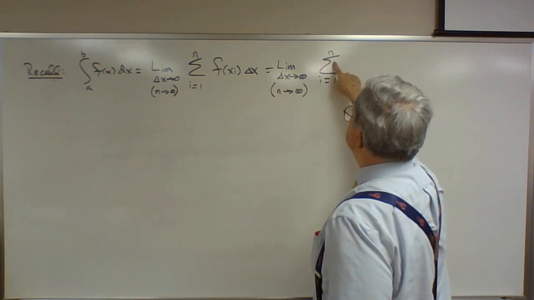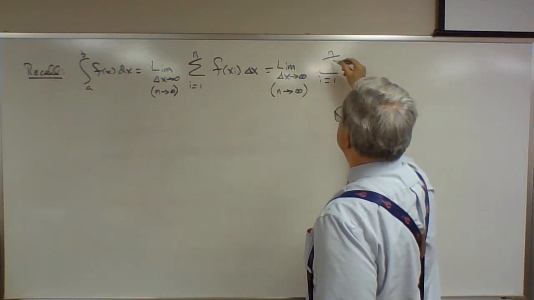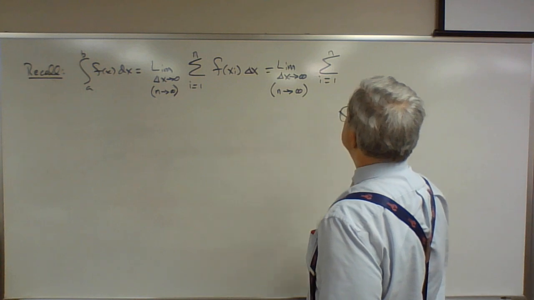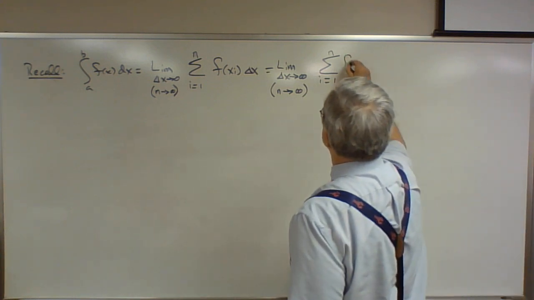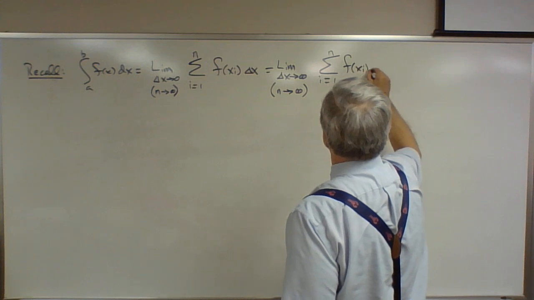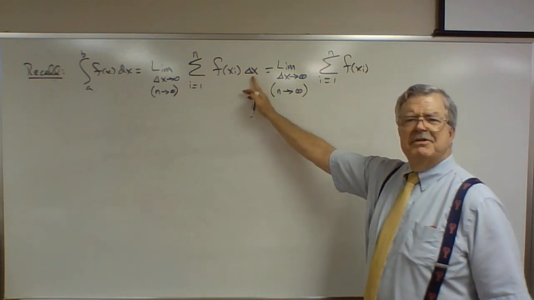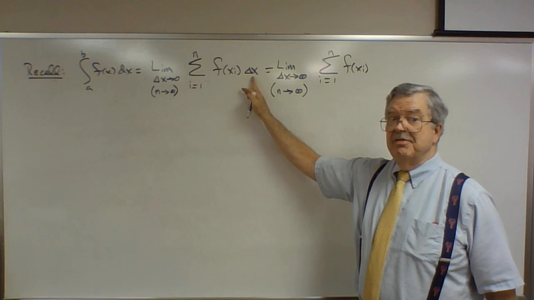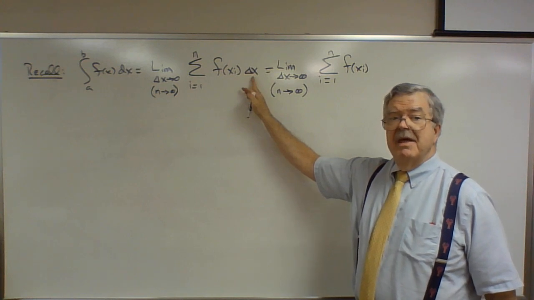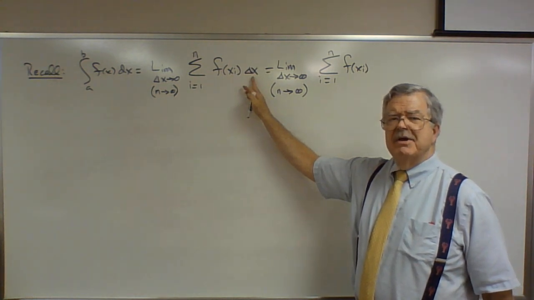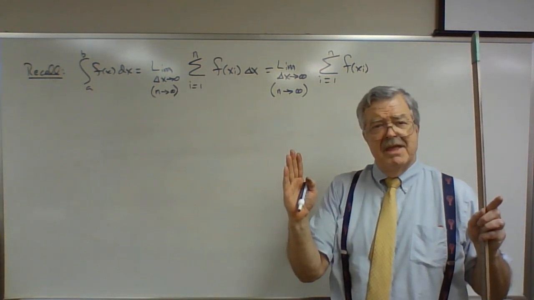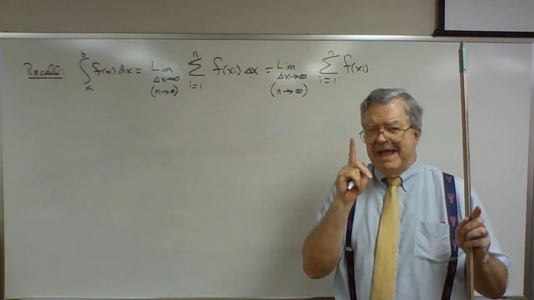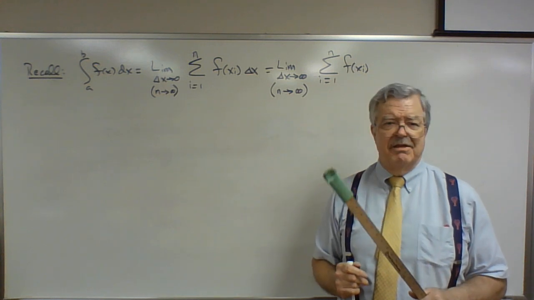Yeah, that really is a summation sign. Remember, delta x was the width of one subinterval? And we got our subintervals by taking the interval from a to b and chopping it up into n subintervals of equal length.